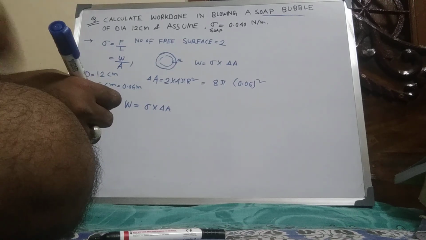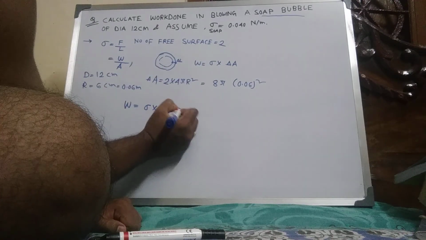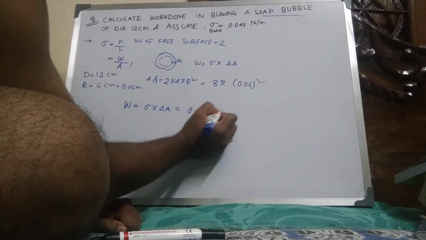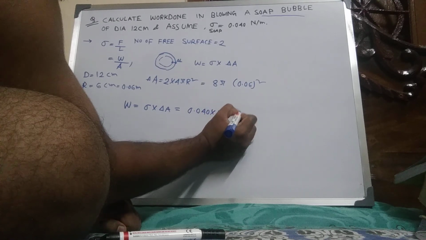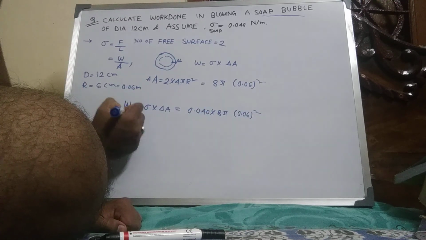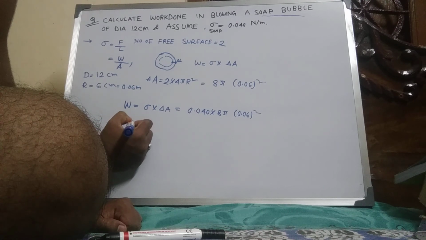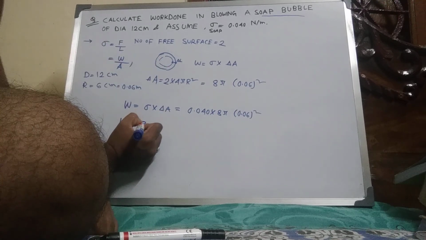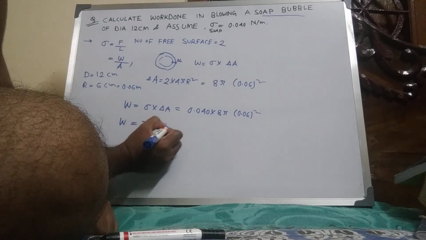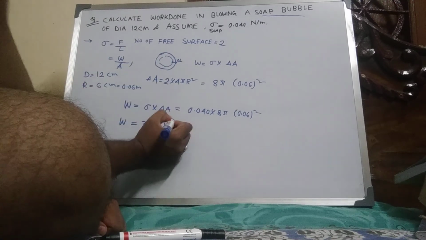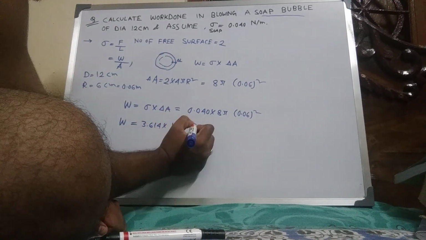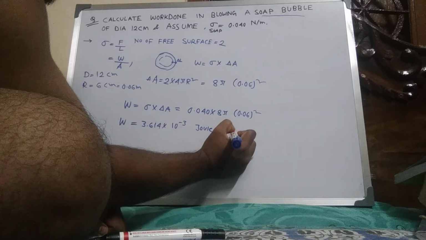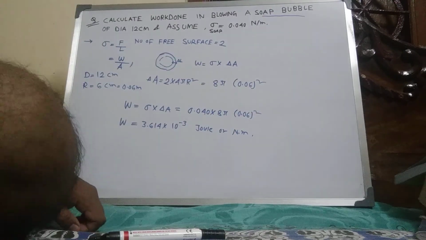Understand? So put the value of surface tension 0.040 and 8 pi into 0.06 whole square. So work done is 3.614 into 10 to the power minus 3 joule or Newton meter. Understand?